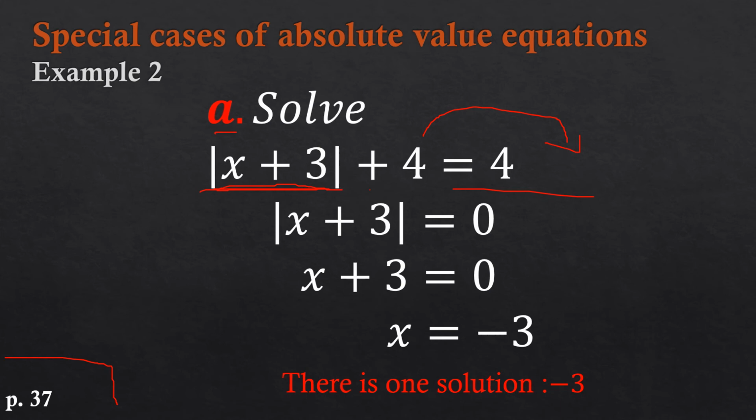So without any numbers. So move 4 to the other side, it will be a negative 4, okay? So 4 minus 4 will be 0. Okay, remove the absolute value sign, x plus 3 equals 0, and then move 3 to the other side, it will be a negative 3. There is one solution, which is negative 3, okay?